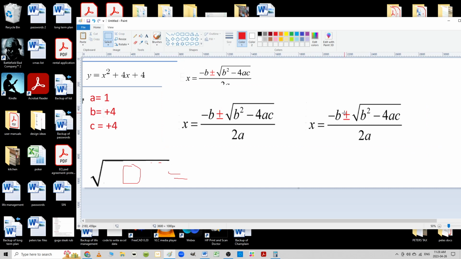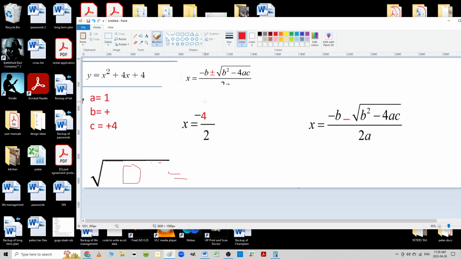Doesn't matter which one I use, but I'm going to do the same thing to show that negative positive is the same thing. So we have a negative in front times my b. Well, my b is positive 4, so that means negative 1 times positive 4 becomes negative 4. And this one's a plus. We know the discriminant is 0, so we can just get rid of it. My a is 1, so 2 times 1 is this.